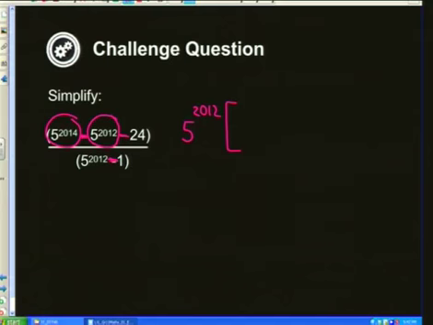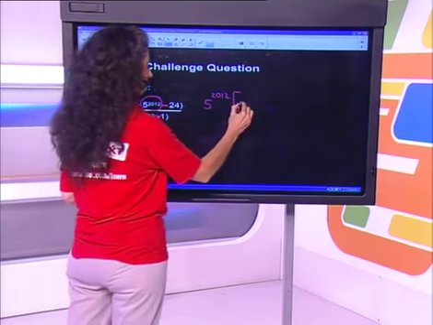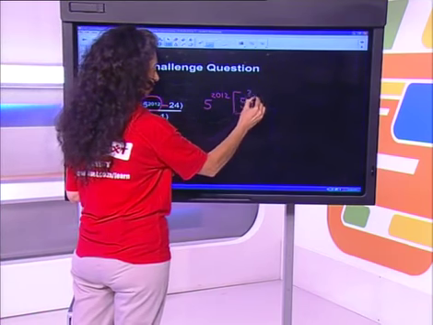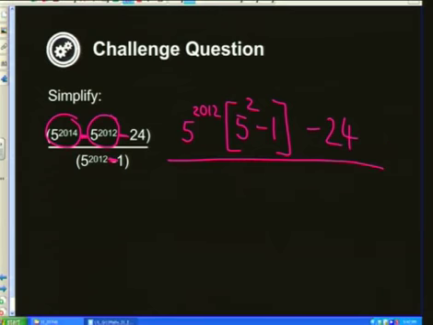Well, times another 5, times another 5 to get to 2014. So there is a 5 squared. Okay? I have taken the whole of 5 to the power of 2012 out, so I'm left with minus 1. And I haven't done anything with a minus 24 because I can't do anything with a minus 24, so it stays waiting for the next section.